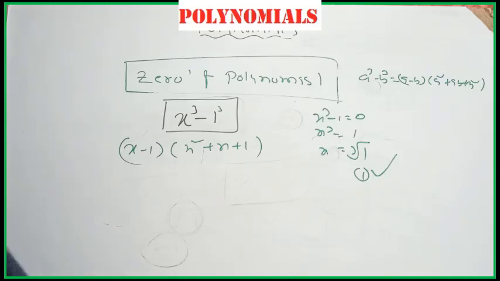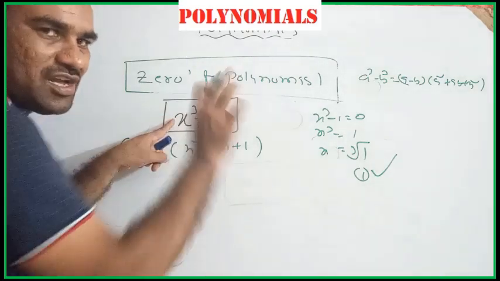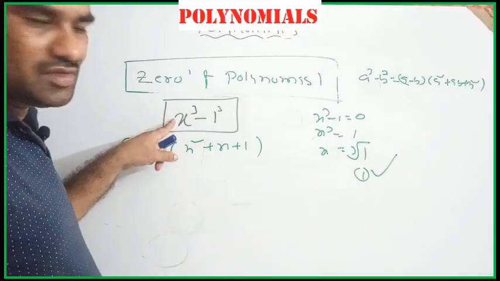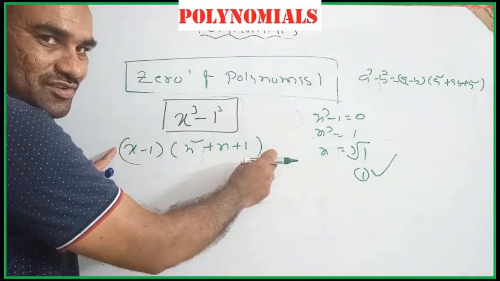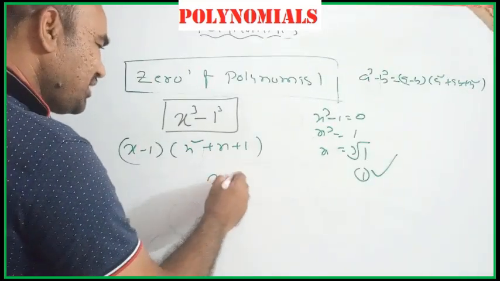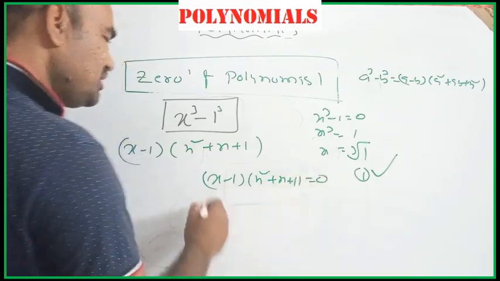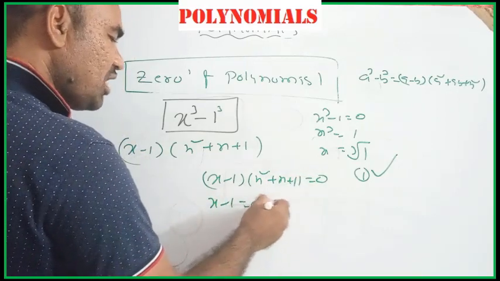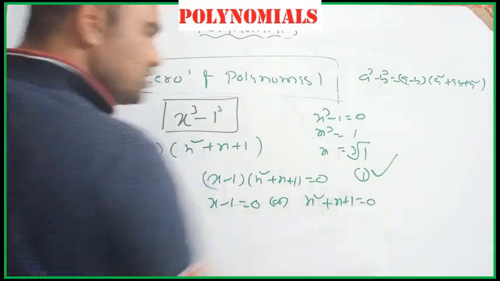Actually, we want to find for what values of x this expression equals 0. That is called zero. It is enough to find for what values of x this product becomes 0. Understood? So x minus 1 into x square plus x plus 1 equal to 0 means x minus 1 equal to 0 or x square plus x plus 1 equal to 0.